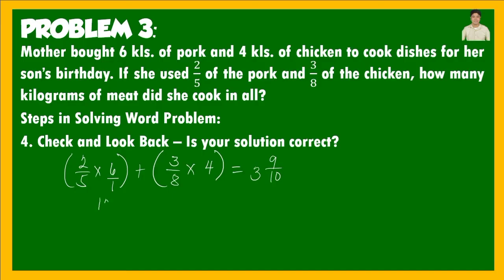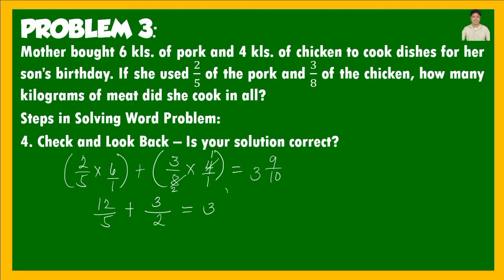So, this will be 12/5 plus 3 times 4, we have 12/8. Or pwede rin naman i-cancel na natin yung 4 and 8. So, 4 will become 1, 8 will become 2. So, multiplying the remaining factors, we have 3 times 1, 3, over 2 times 1, 2.